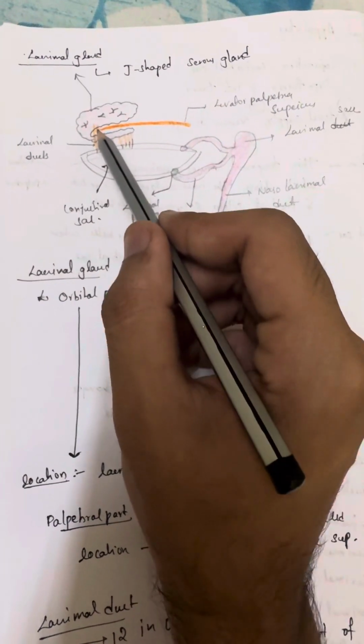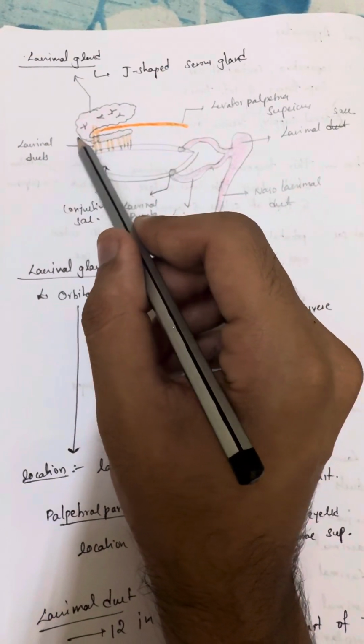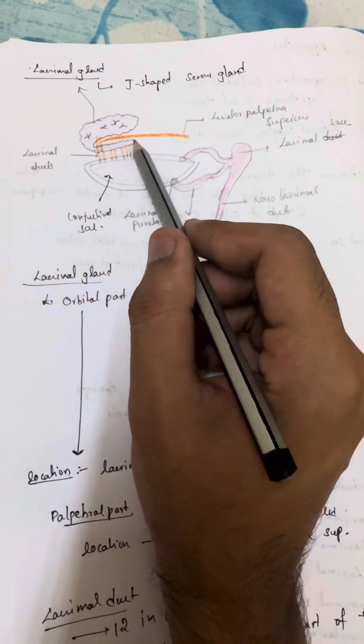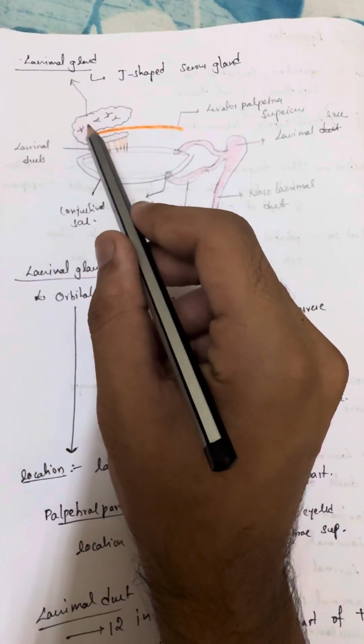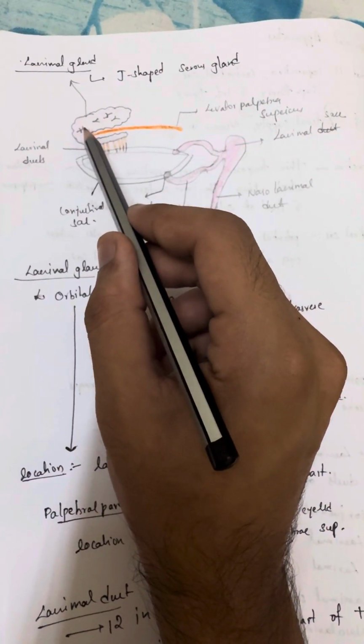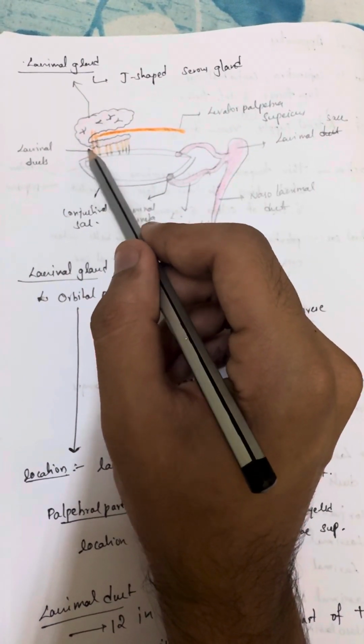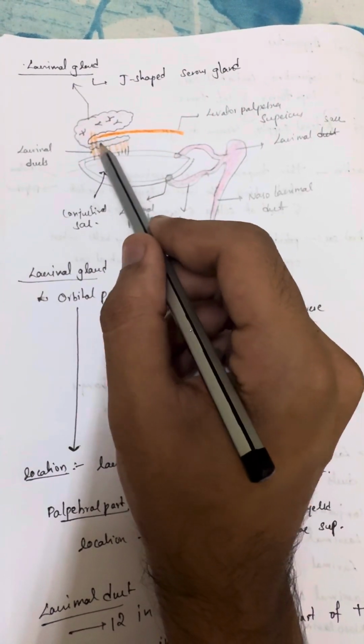So if we remove the palpebral part of the lacrimal gland, preserving the orbital part, the duct from the orbital part is also lost.